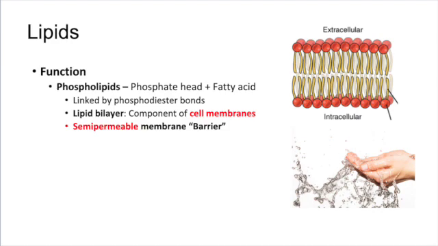Very quickly, let me go back all the way up here. This is what we call an ester bond between glycerol and your fatty acid tail. That's because it's just basically an OH group interacting with a carboxylic acid, and you call that an ester bond. If you guys have not yet taken OChem, don't worry. Just know that in order for glycerol to link with a fatty acid tail, they need to create something called an ester bond.